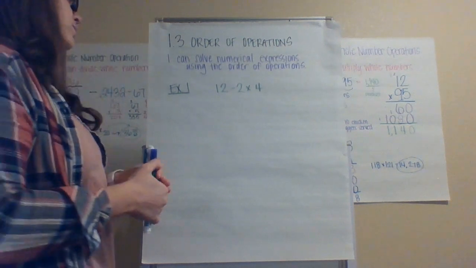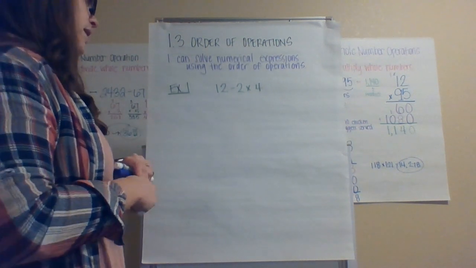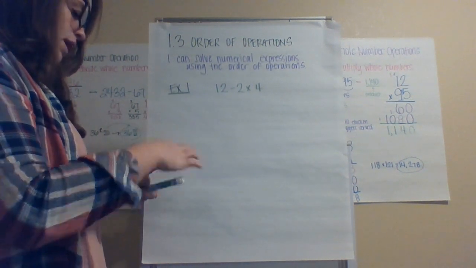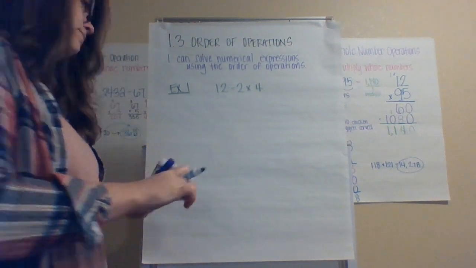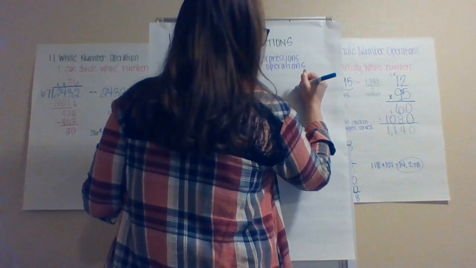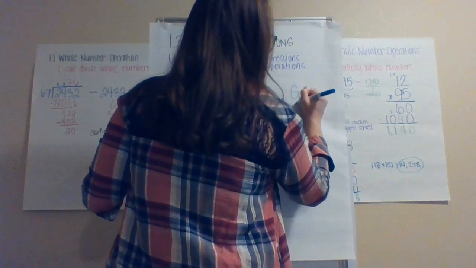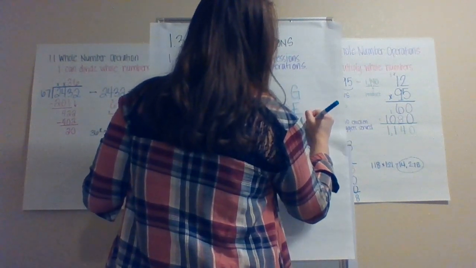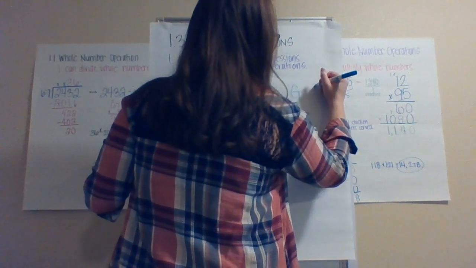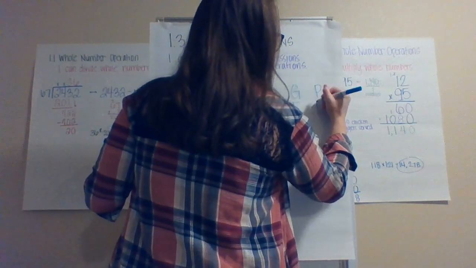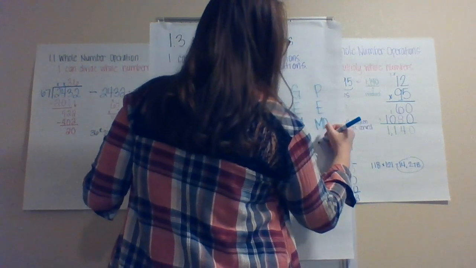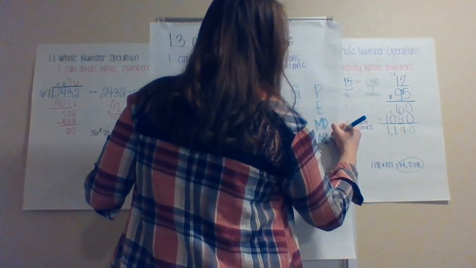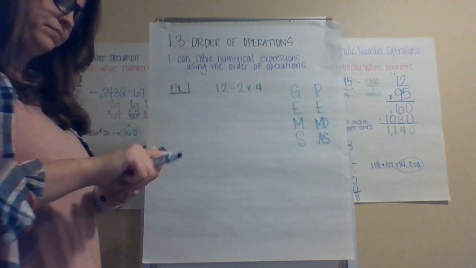So as we work on this first example, which is 12 minus 2 times 4, I'm going to ask you to write down your preferred method of GEMS or PEMDAS. Okay? I'm going to write both for students that wish to use one or the other. You will notice I'm going to put the M and the D on the same line and the A and the S on the same line.